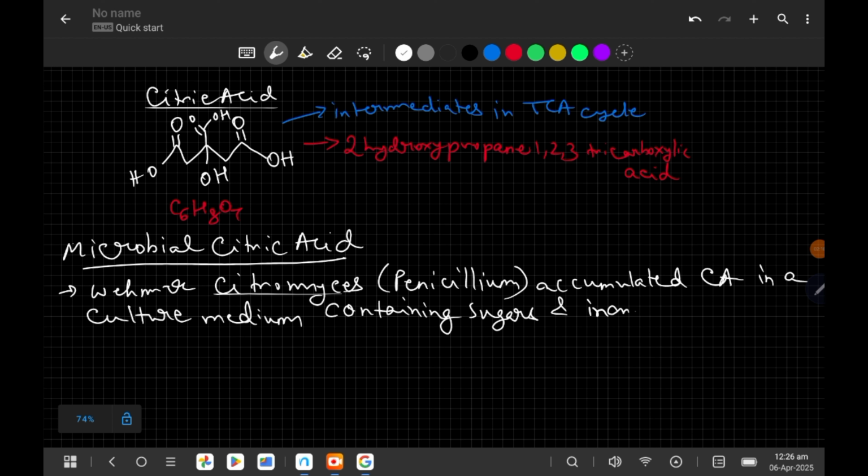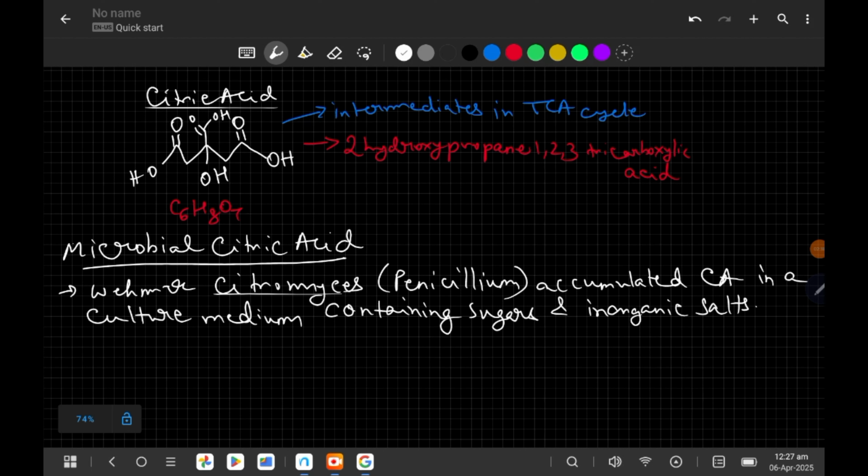But this work did not directly lead to a commercial process; it acted as the base for the subsequent search for other microorganisms.